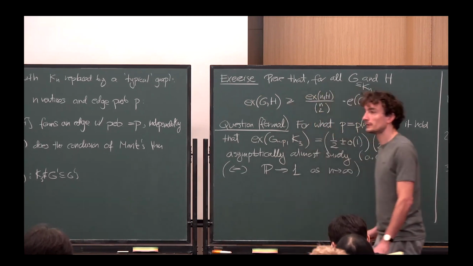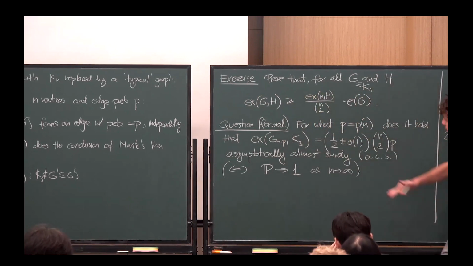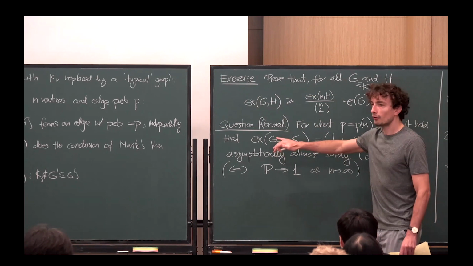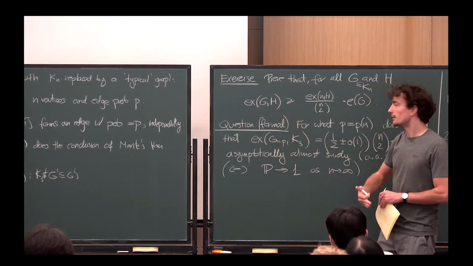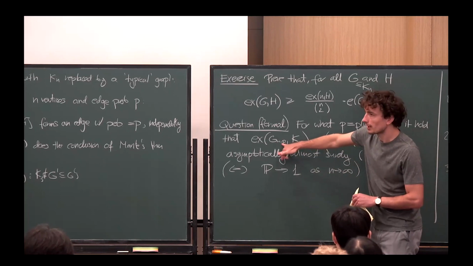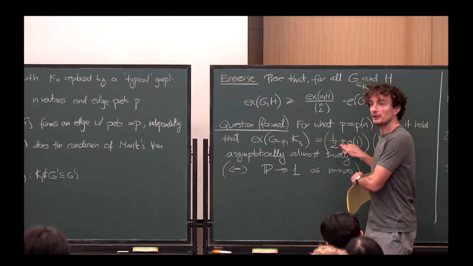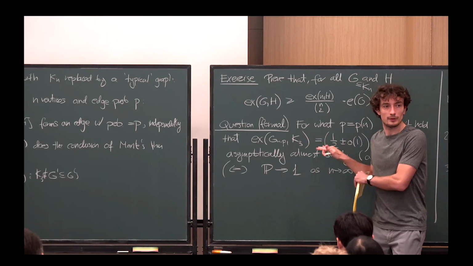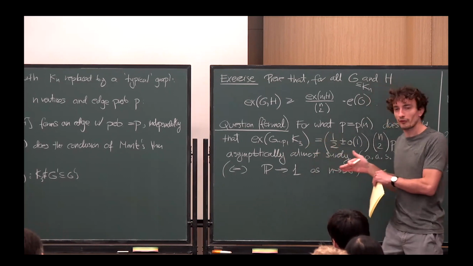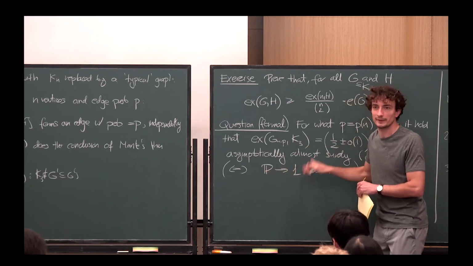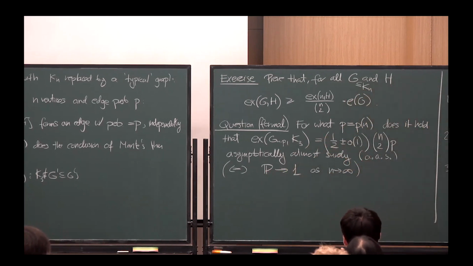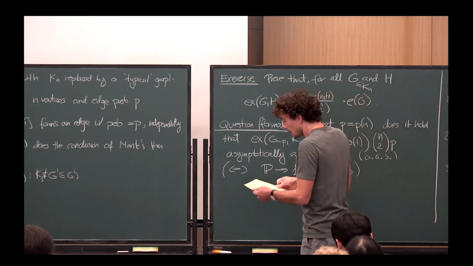So in fact, I will ask this question for all n at the same time, and for every n you have a different random graph, and this event has some probability, which is a function of n, and we want to ask, when does this probability tend to 1 as n tends to infinity?